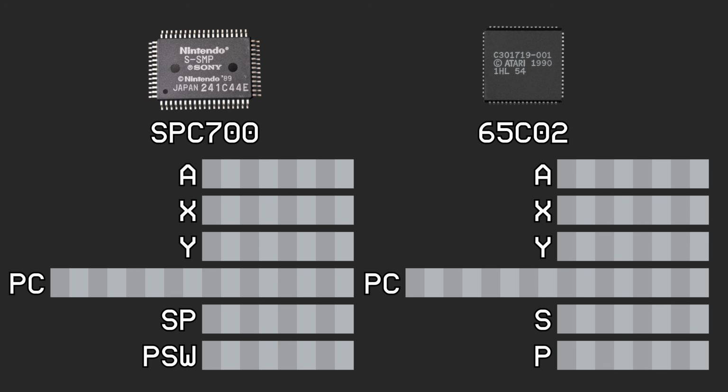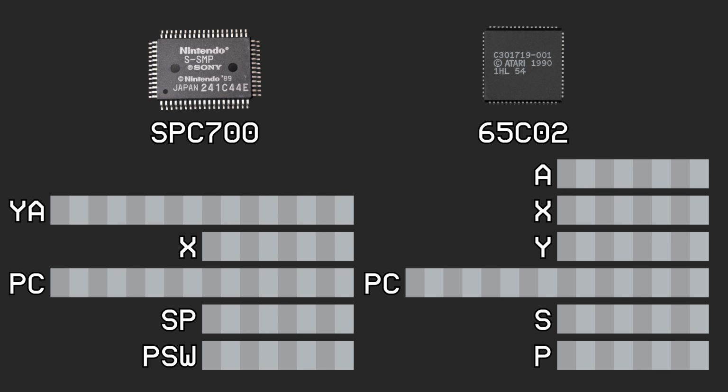Like mentioned in the last video, some SPC instructions combine the Y and A registers to make a single 16-bit register known simply as YA, which treats the 8 bits in Y as the high byte and the 8 bits in A as the low byte.